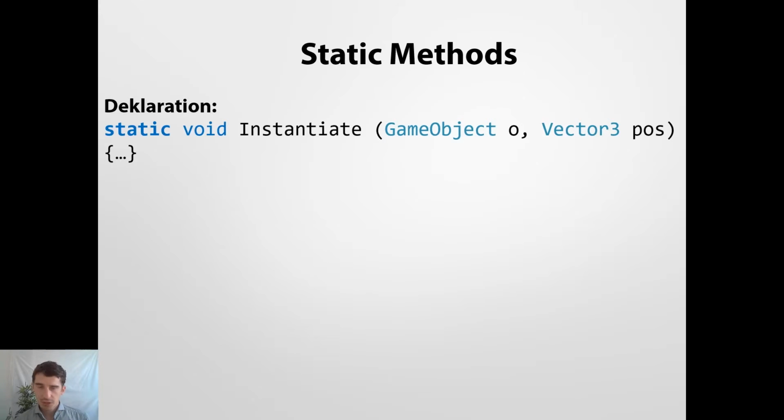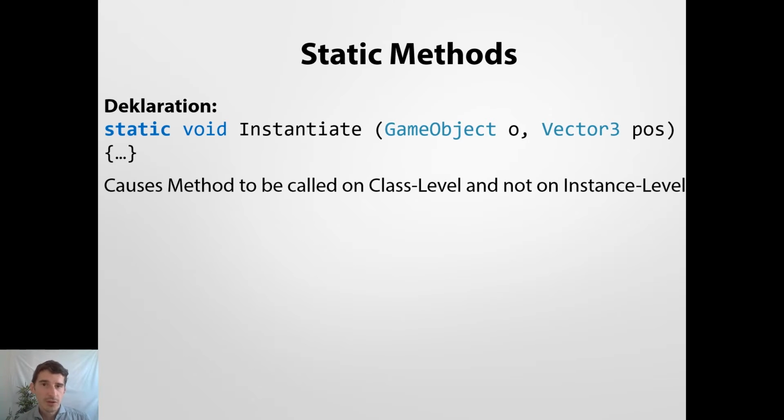Static methods work just like static variables. You just put static in front of your method declaration, and that way this method is not associated with the instance, but rather with the class itself. Now, what does this mean?